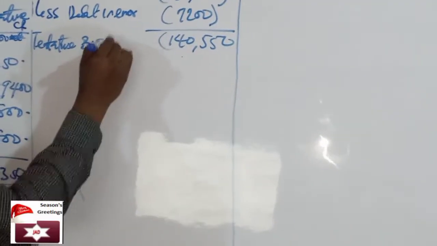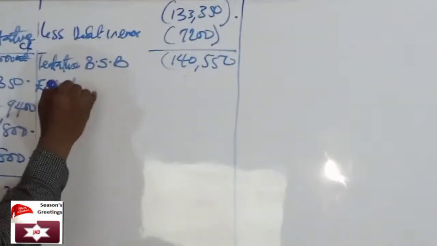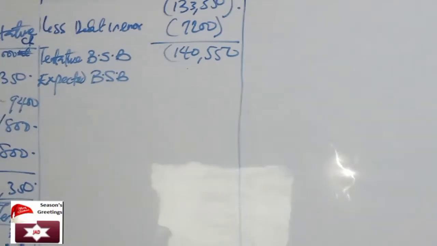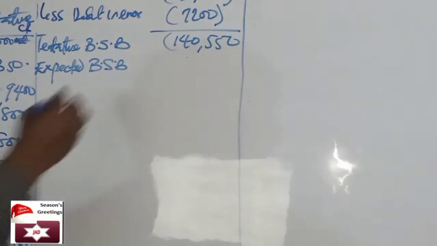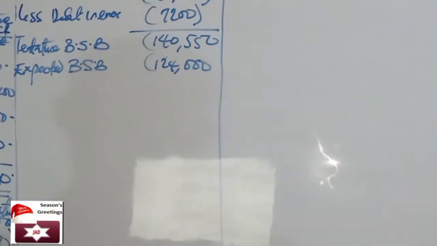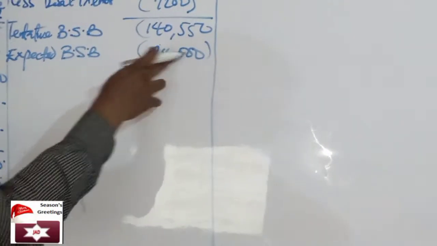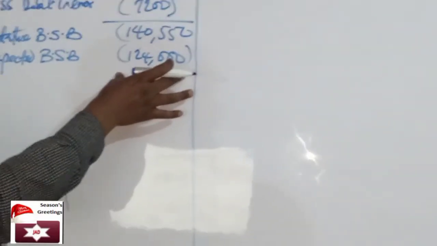bank statement balance. But what we expect, the expected bank statement balance, is supposed to be 124 million. The bank statement showed an overdrawn, that's also a credit balance, overdrawn of 124 million. So this is what we expect to have. But what we had is a tentative 140,550, and what we're supposed to have is negative 124,000.